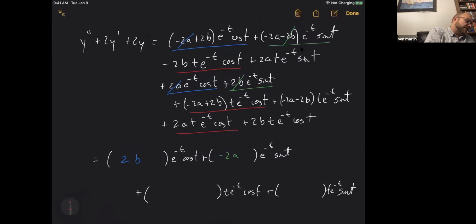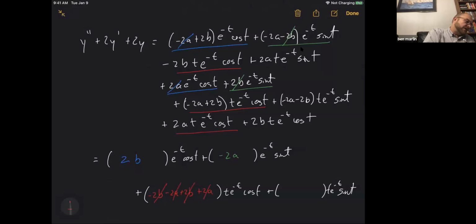This is starting to run together a little bit. I'm just going to write it down. Minus 2b minus 2a plus 2b and plus 2a. Oh my gosh, check that out. B's cancel, A's cancel. All right.